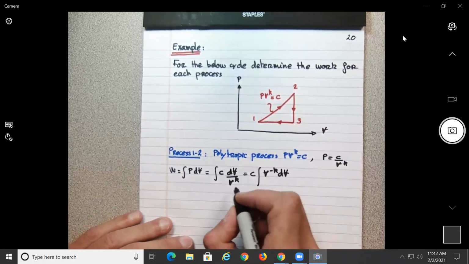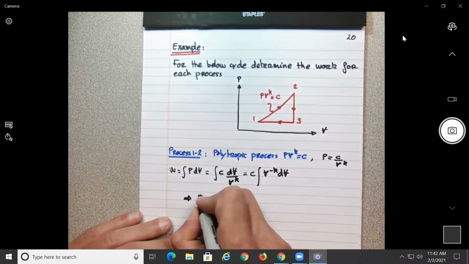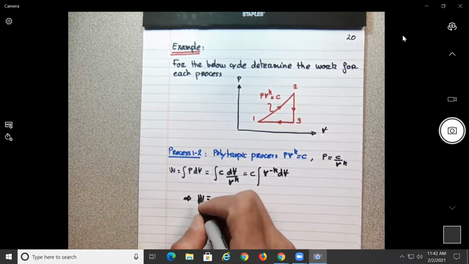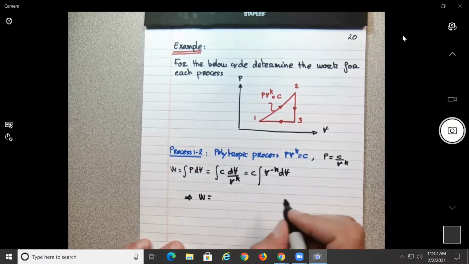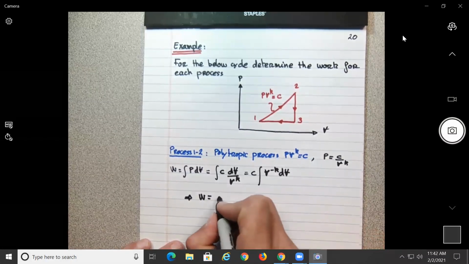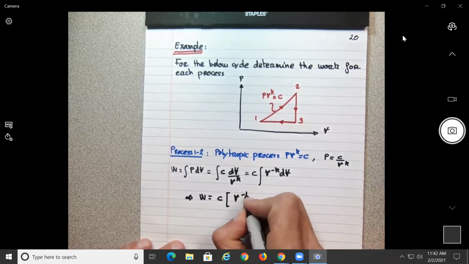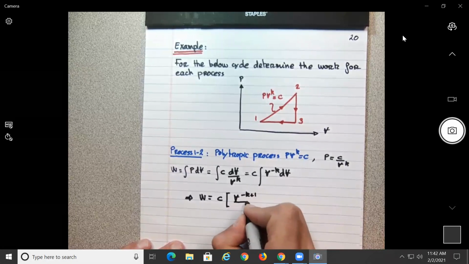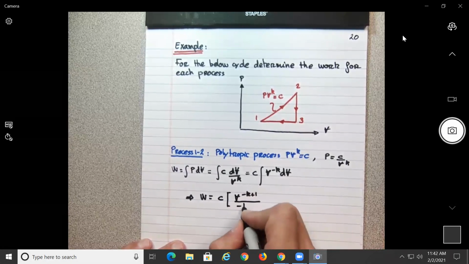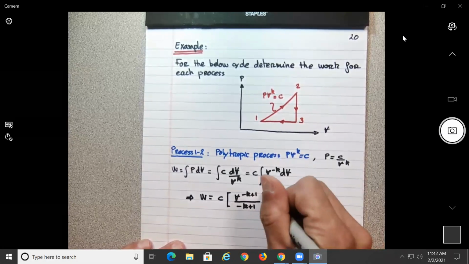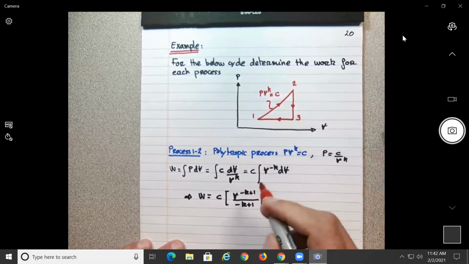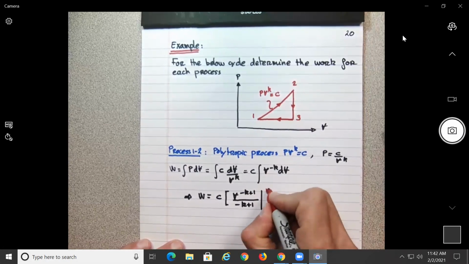So here, what would be the integral of this will be C V to the minus K plus 1 divided by minus K plus 1, over V1 and V2. This is the longest one actually.